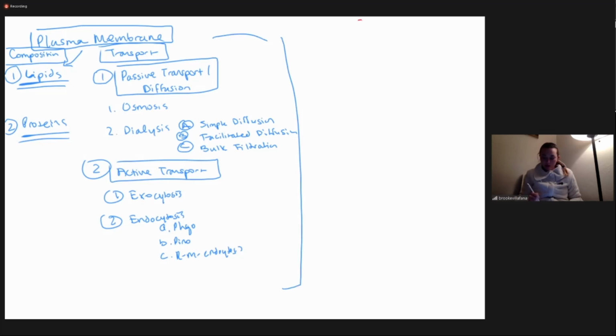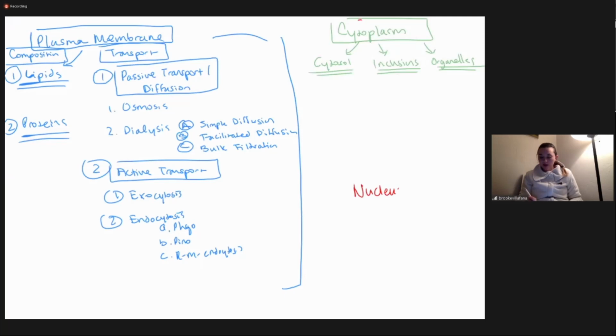So now we have the cytoplasm, right? We're going to go over the cytoplasm, which consists of the cytosol, the inclusions, and then the organelles. Hopefully, we'll get through cytoplasm and then either start nucleus or finish nucleus, which will leave us with a good area to go into for mitosis on Thursday, right?